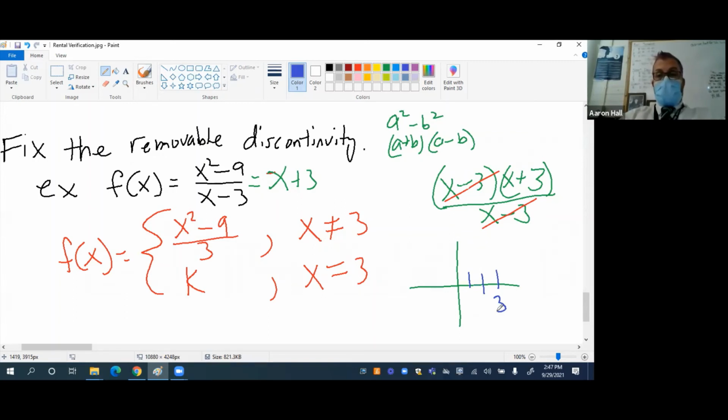Okay, so I already factored, so now what? And then you can plug in 3 to get what? 6. Yeah, the answer is 6.